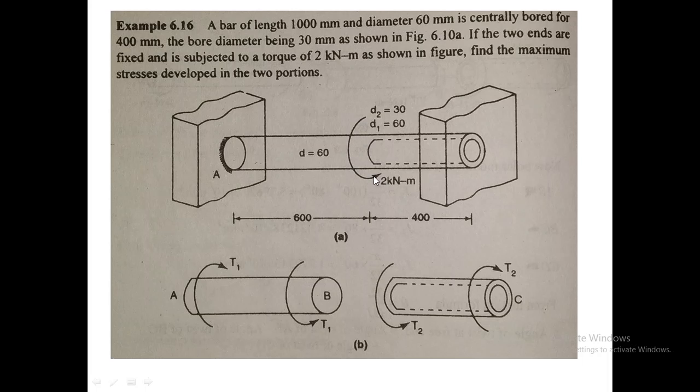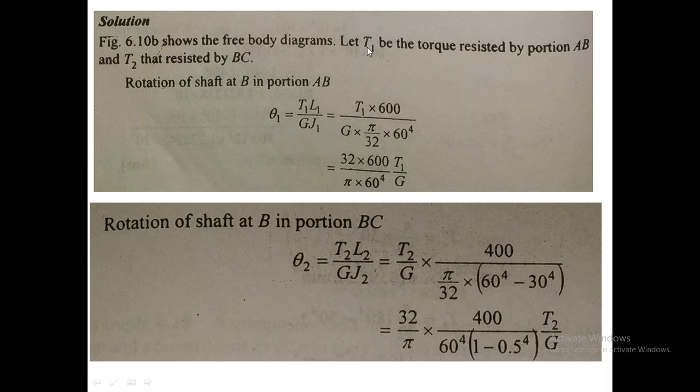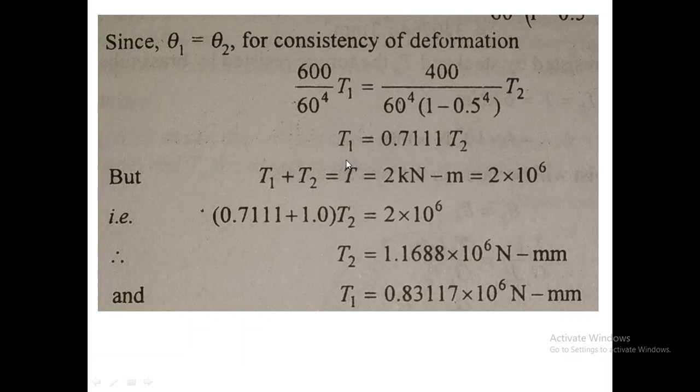So here one compatibility equation is that the torque will be shared by these two portions. So torque applied T will be equal to the torque in portions AB and BC. You can see here, T1 is the torque in portion AB and T2 is the torque developed in BC. So the torque we apply will be the summation of the torque developed in these two portions.